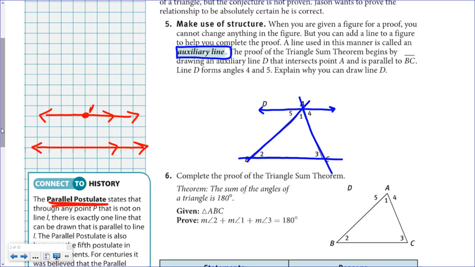So we have alternate interior angles, and we actually have two pairs of alternate interior angles. And so we're going to want to be using those, as well as angles 5, 1, and 4, which are creating a straight line. And so they are going to all add up to equal 180 degrees.